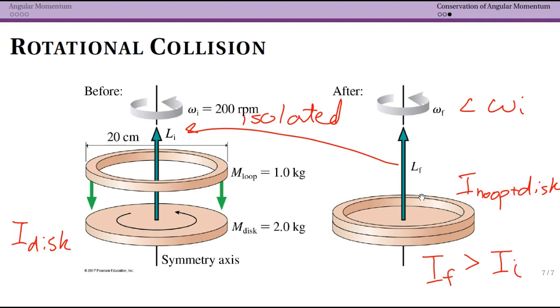So let's think about this briefly in terms of torques. When this loop hits the disk, there's friction between them, and that would be in the wording of the problem. There's a frictional force that the loop, or the hoop, same thing, exerts on the disk that slows it down. There's a frictional force that the disk exerts on the loop that speeds it up and causes it to spin.